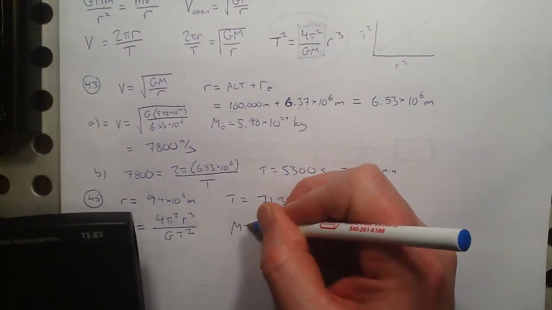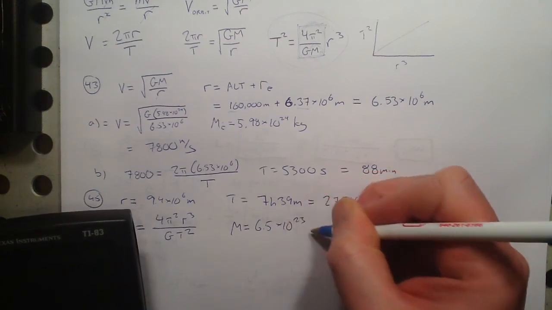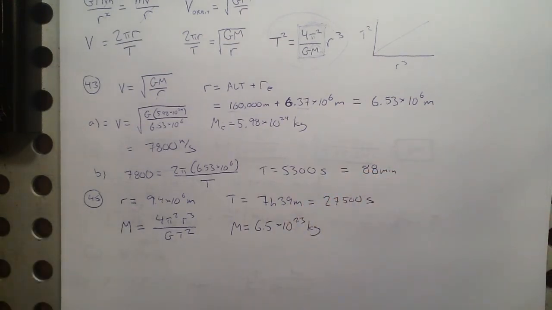So it looks like the mass of Mars is approximately 6.5 times 10 to the 23 kilograms. And we can check in the back and see how close that is. Flip back to that appendix and see what it says about the mass of Mars. Mars doesn't have a lot of moons, not enough, didn't make it into our lab exercise. So Mars, the mass, gives it in terms of the Earth mass.